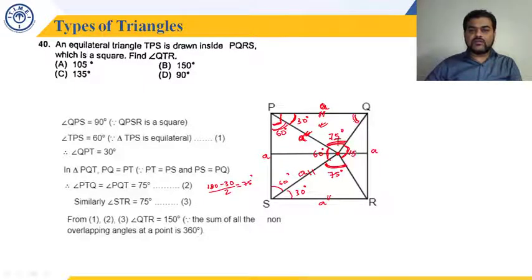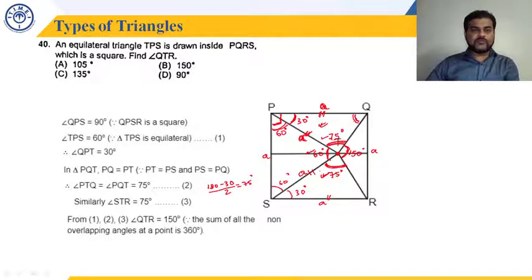This is what the question was asking for. This must be 150 degree because the angle around this point is 360 degree. In that 360 degree, we subtract 75, minus 60 and minus 75. 360 minus 75 minus 60 minus 75. If you do that, you will get 150 degrees. I hope this question is clear to you.